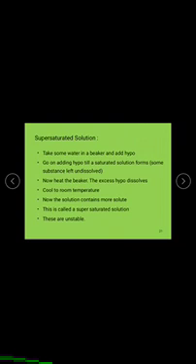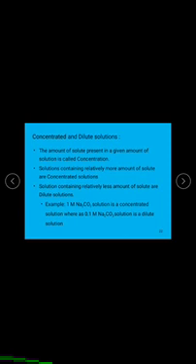This is called a supersaturated solution. A solution which can hold more solute even after saturation is called a supersaturated solution, and it is unstable.